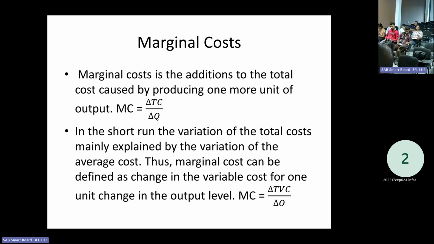Now, the marginal cost is the slope of the total cost function. We know that short run total cost is an inverse S shape. If you take the slope of that curve, that explains the marginal cost.